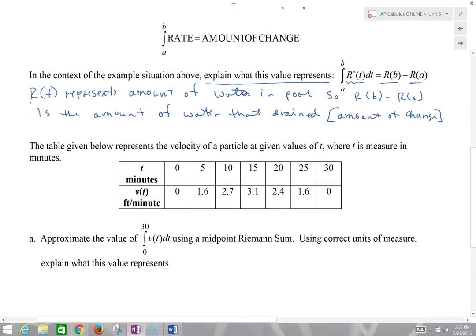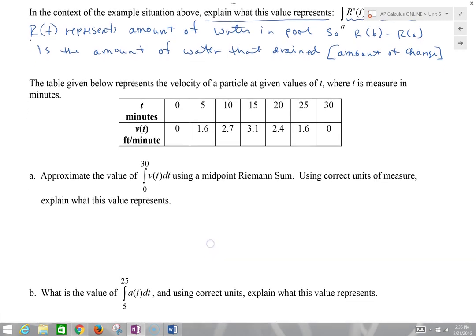Let's see another way to look at this. In this table here, this is the velocity of a particle at given values of t, where t is measured in minutes. And for me, it's useful to write that a of t equals v prime of t, and v of t is equal to p prime of t, so that a of t equals p double prime, but we already wrote v of t is equal to p single prime, just for reference for me.